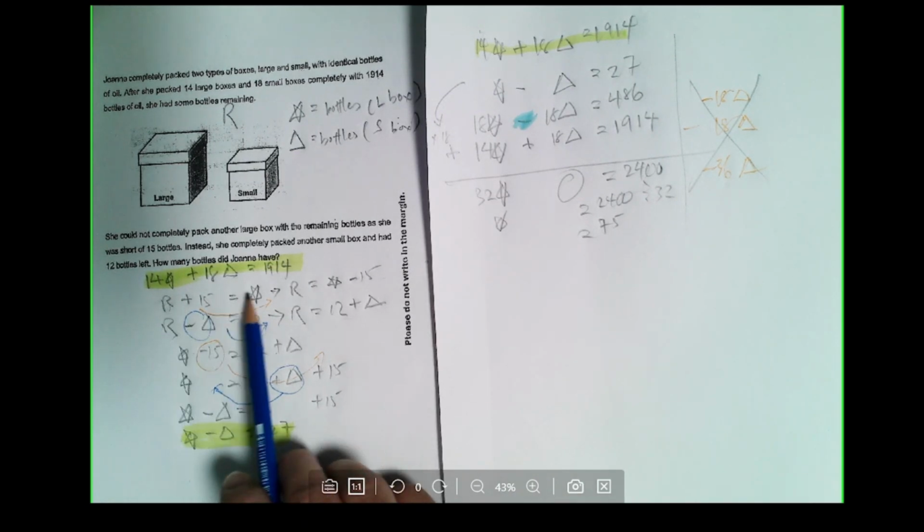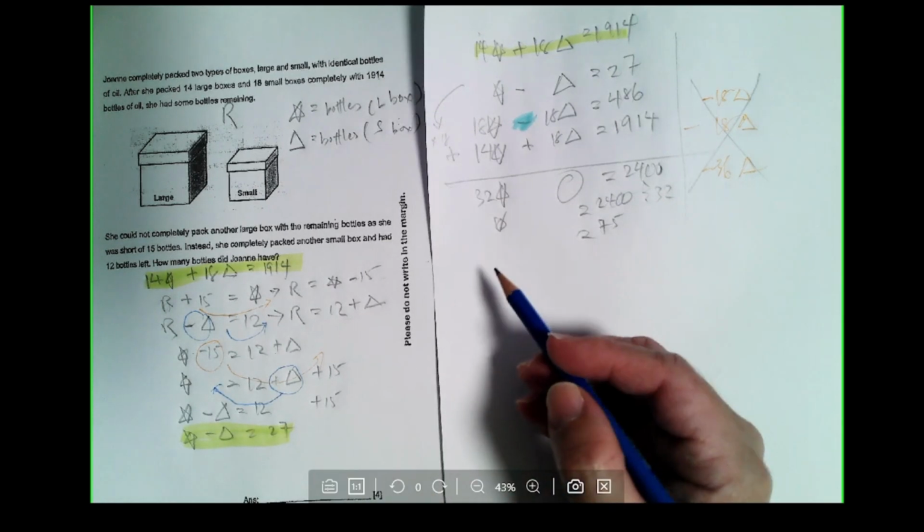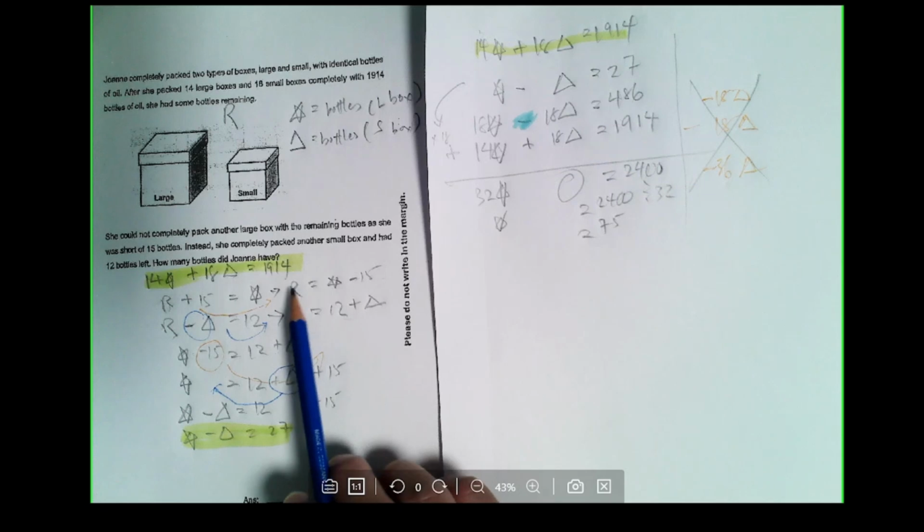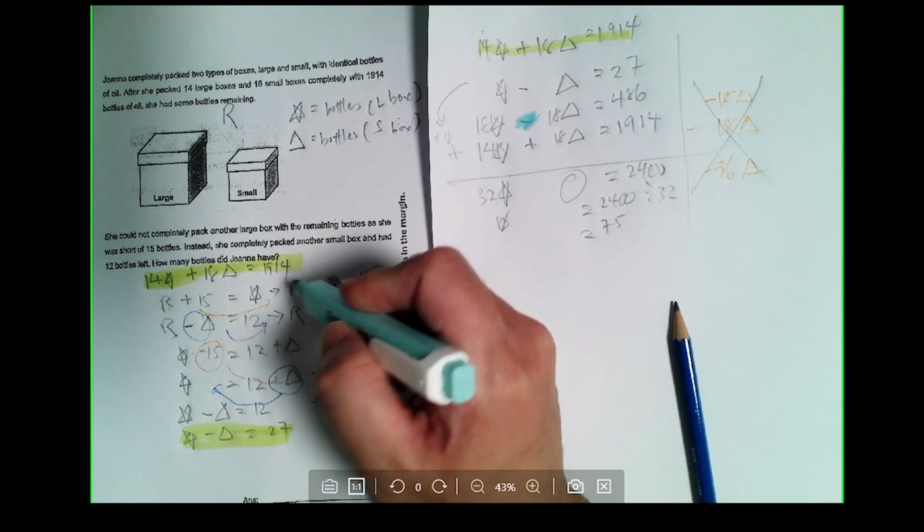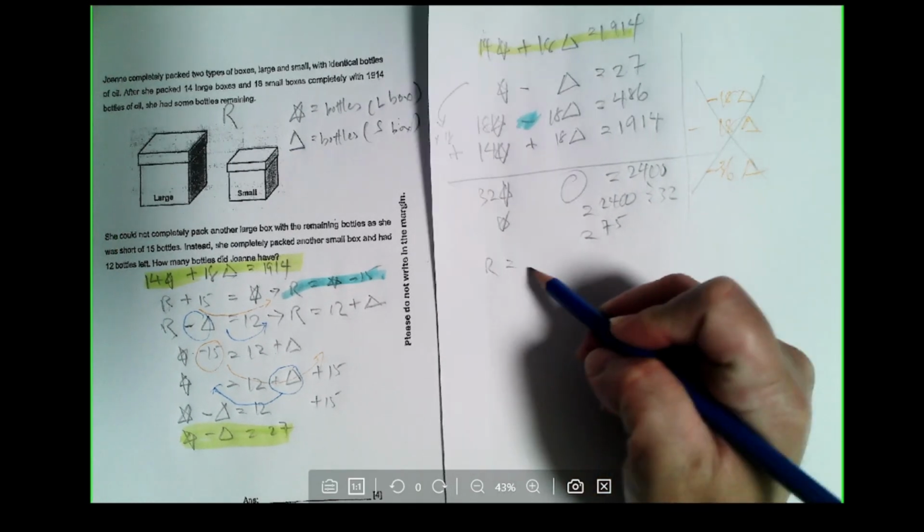R plus 15 equals to star. We found out this one just now. Remainder equals to star minus 15. And we just found out that star is equals to 75.